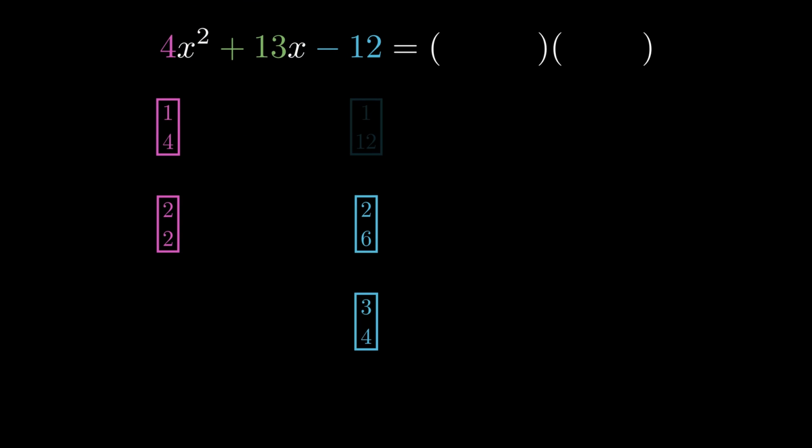So for that to happen, I'm willing to bet that it's more likely to be 1 and 4 than it is to be 2 and 2. And more than that, the 4 better be multiplying with the positive number, and the 1 better be multiplying with the negative number. That seems to be the only way the total difference can be such a big positive result. Okay, the plus 13 that we're targeting.